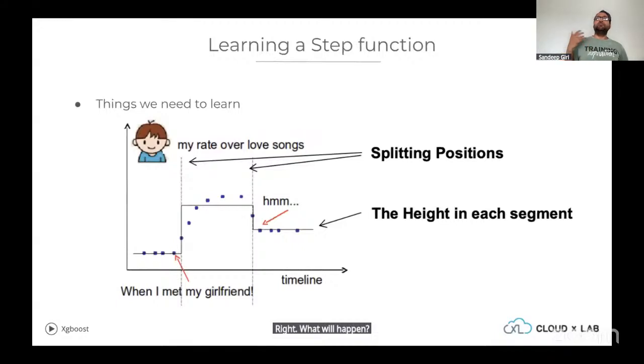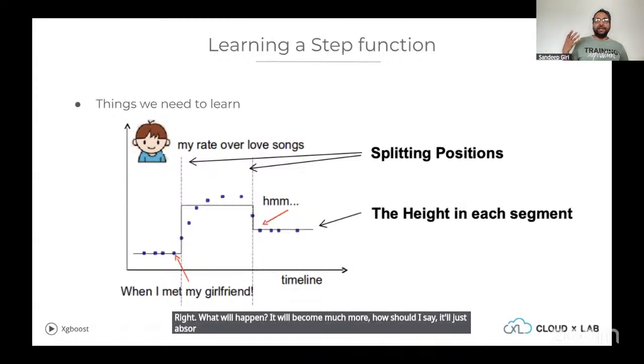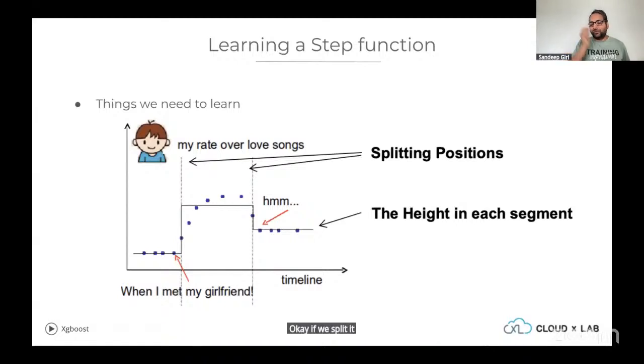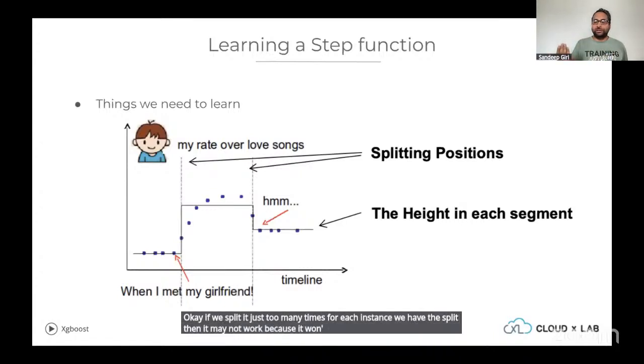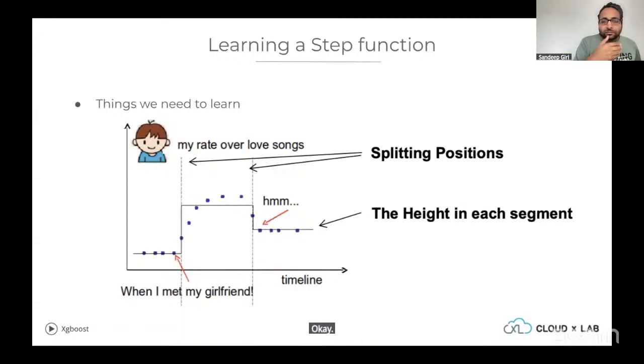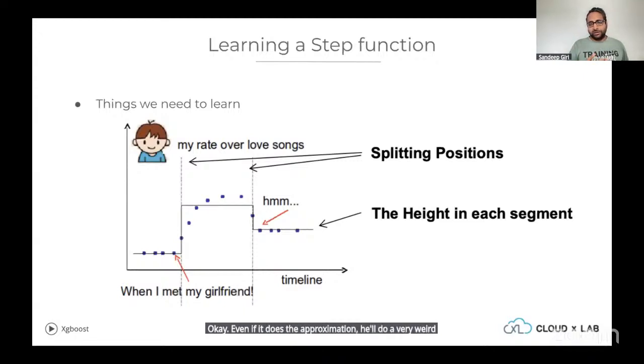It will just absorb all the data and do memorization. If we split for each instance, it may not work because it won't be able to do the approximations. And even if it does, it'll do a very weird approximation.